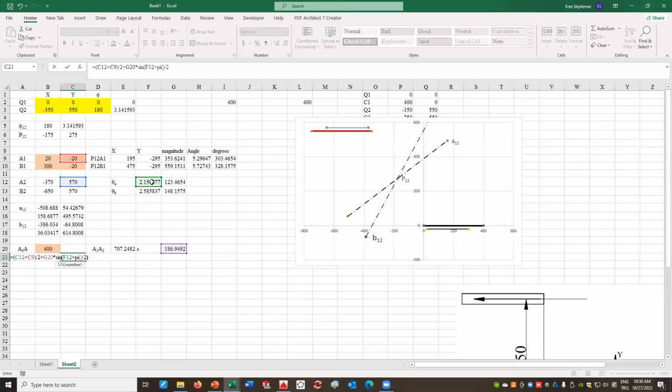Correct? Close parentheses. Let me write A1 over here.